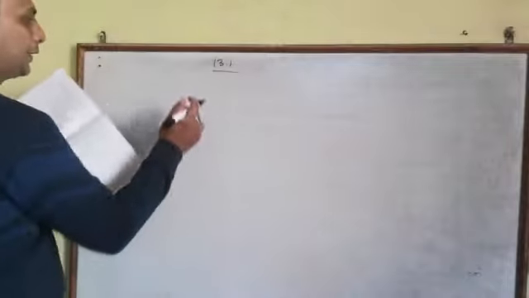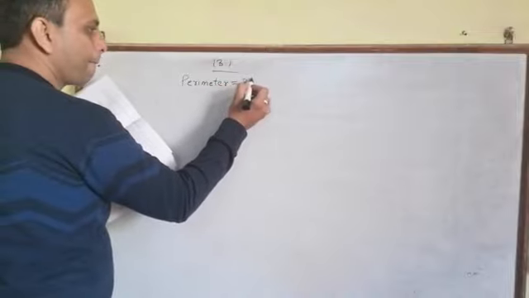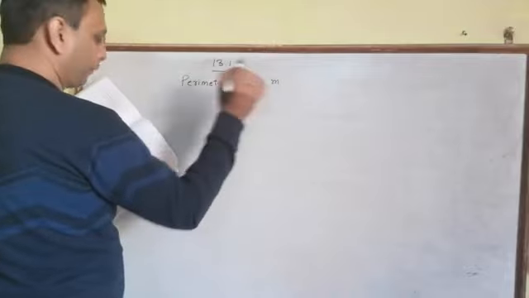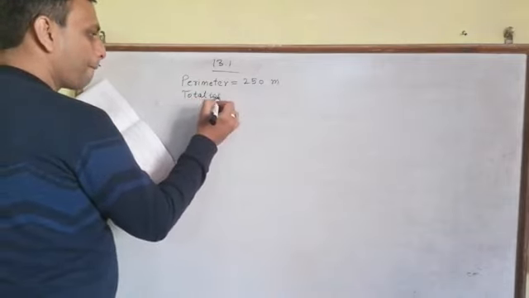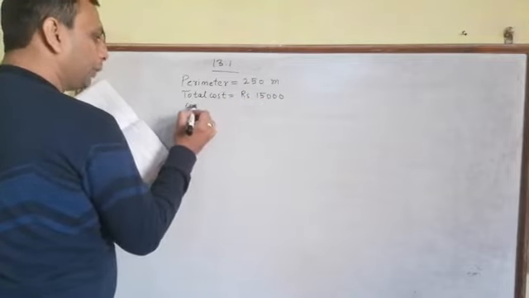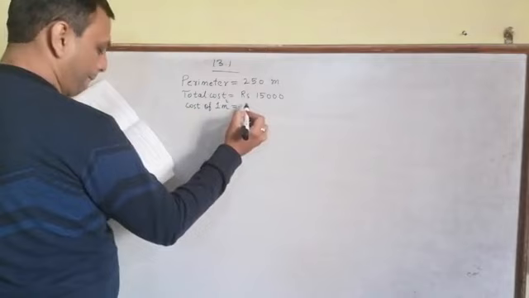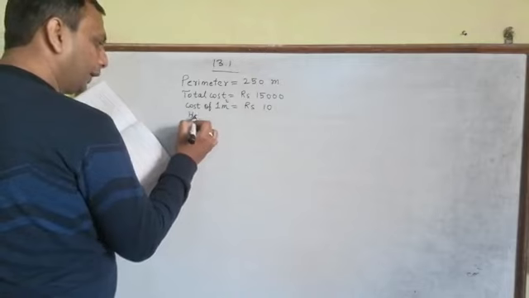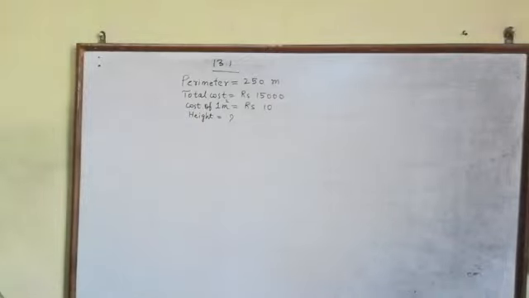This is the question that says the perimeter is 250 meters, the total cost is 15,000, and the cost of 1 meter square is 10 rupees. We have to find the height.